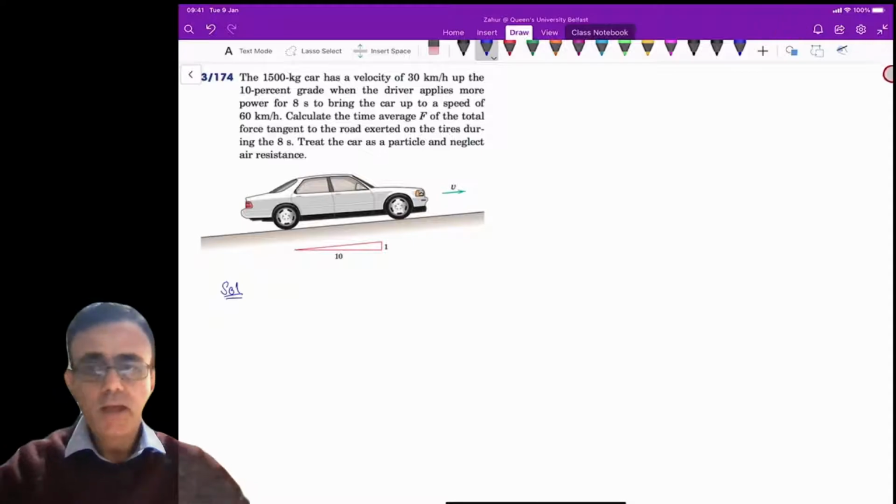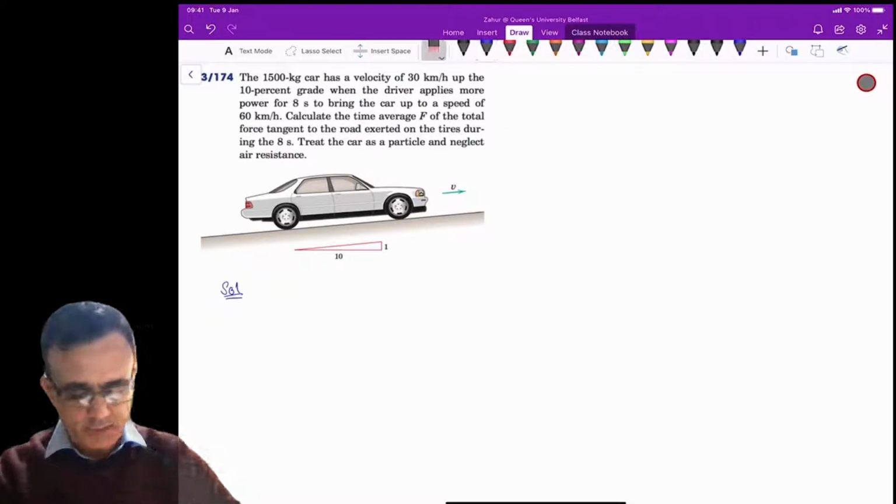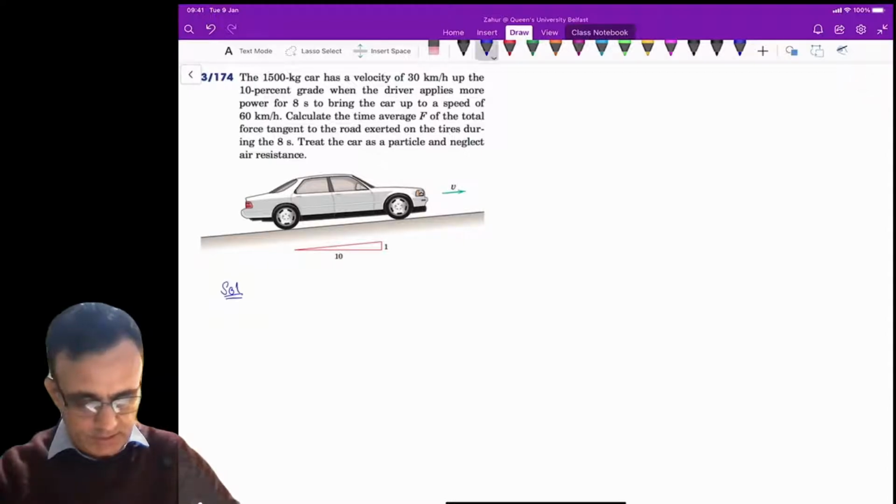So the first thing is you are given v1, which is the initial velocity of the car, and which is given as 30 kilometer per hour.